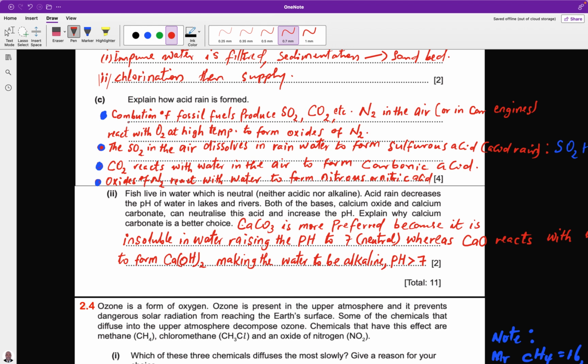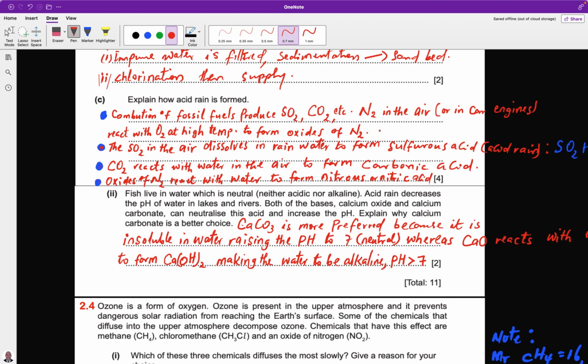Combustion of fossil fuels produces sulfur dioxide and carbon dioxide. Again, nitrogen in the air or in car engines reacts with oxygen at high temperature to form oxides of nitrogen.